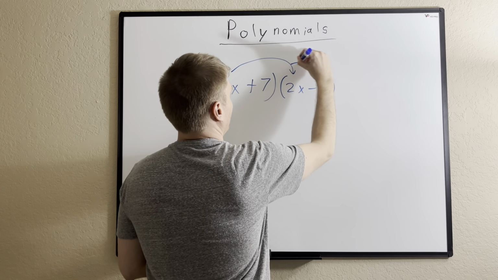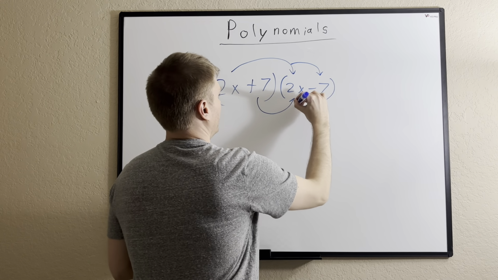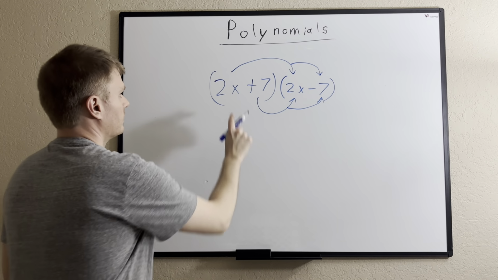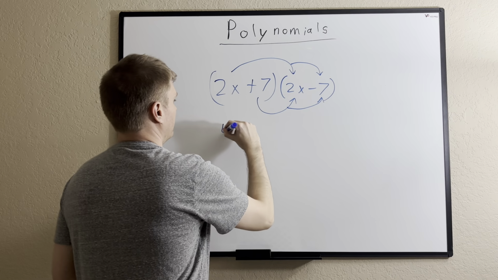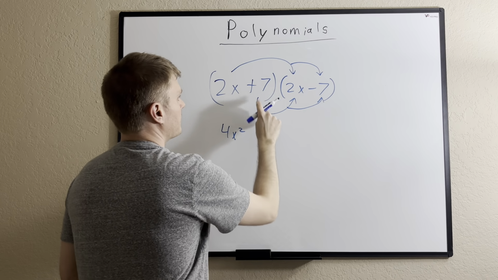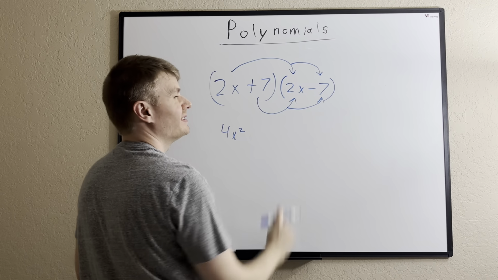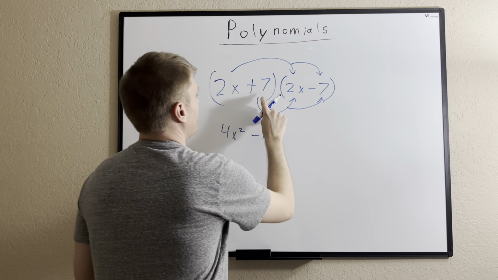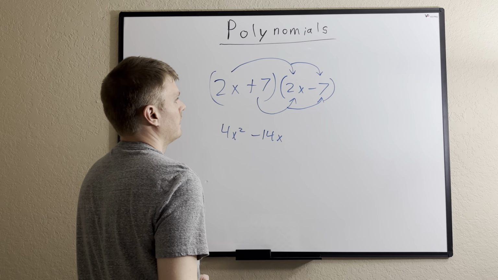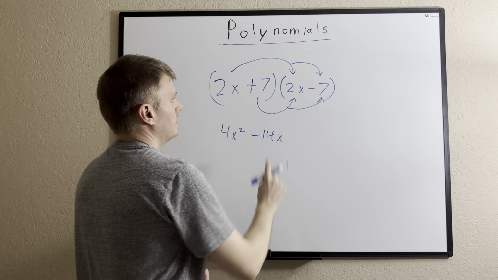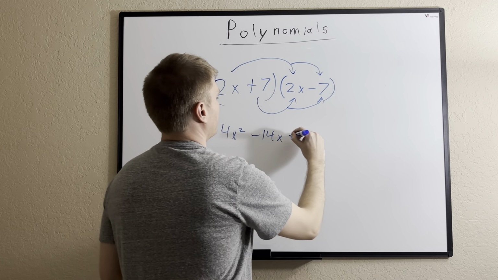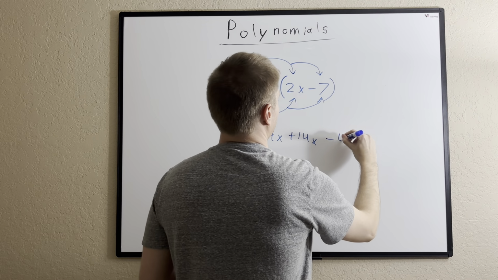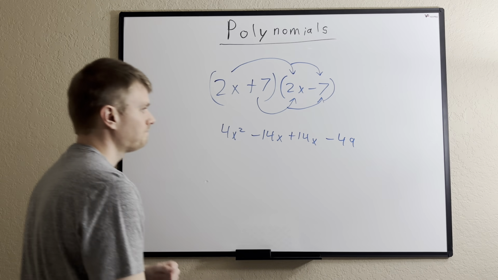First, outside, inside, last. 2x times 2x, 4x squared. 2x times negative 7, negative 14x. 7 times 2x, positive 14x. 7 times negative 7 would be just negative 49.